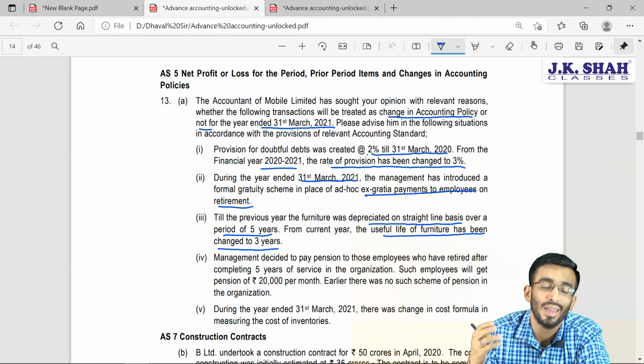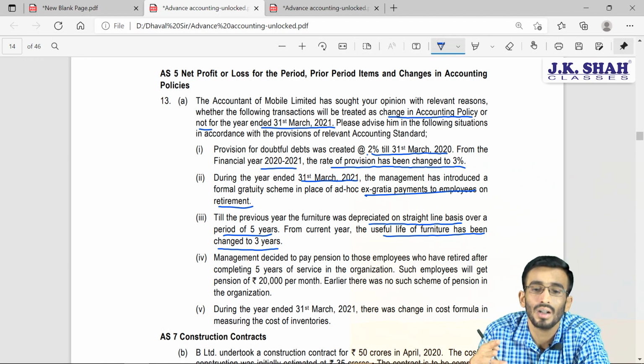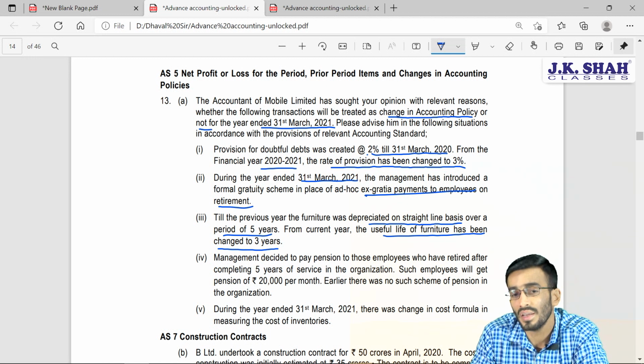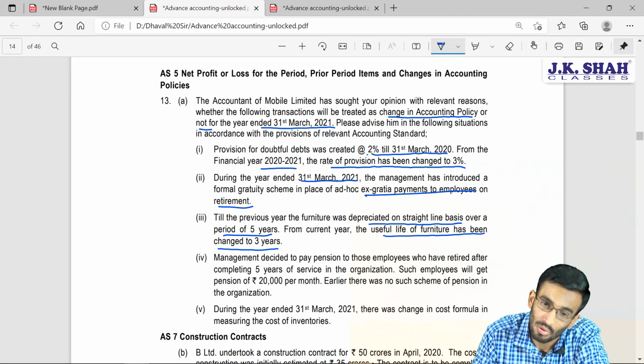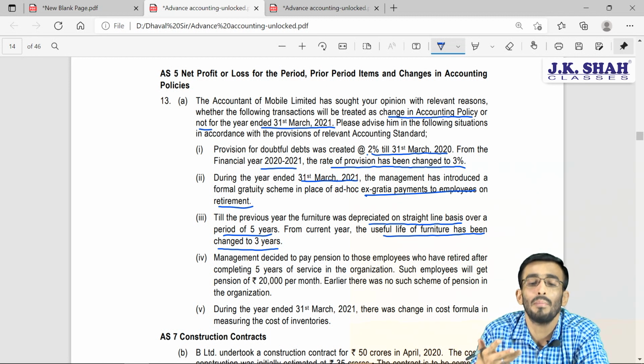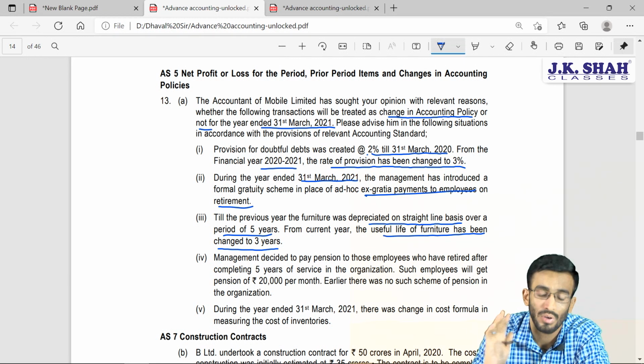So in calculation of depreciation there are two estimations involved. So the amount of depreciation is also nothing but an estimated amount. So obviously if the amount is estimated, it can change any time. So this will result in a change in accounting estimate, rather than change in accounting policy.